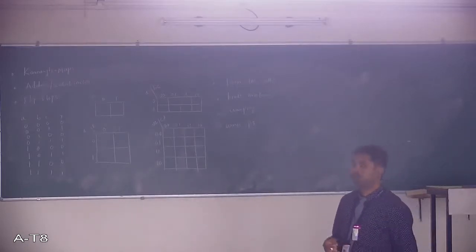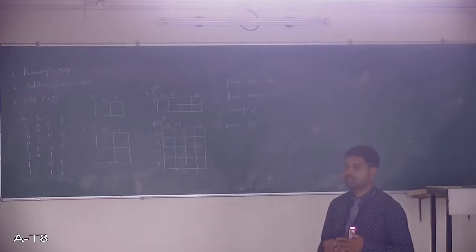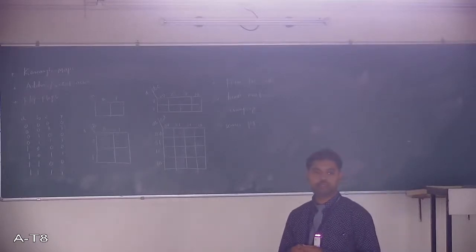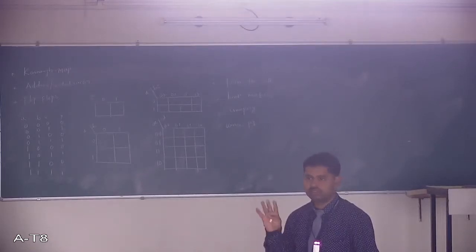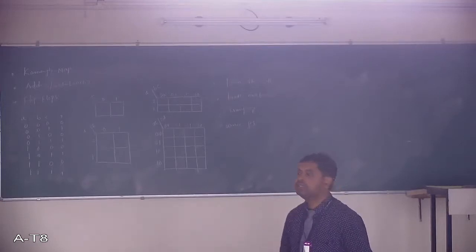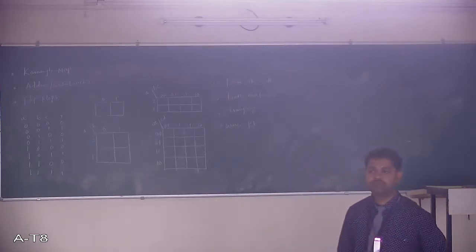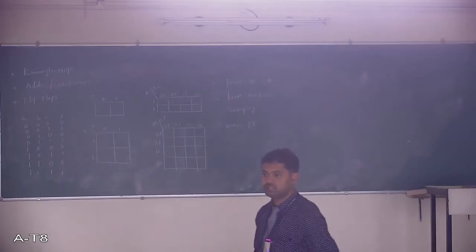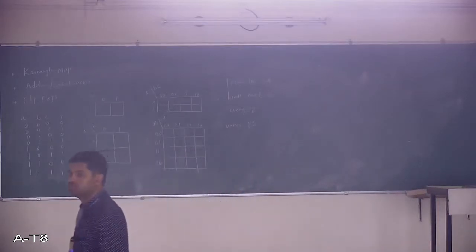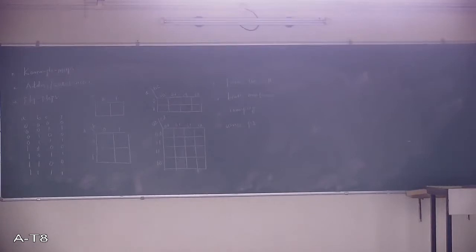Today we'll discuss some other topics of the fourth unit, that is, the Karnaugh map. Last time I gave some introduction regarding that, so I will continue the same topic with some examples, followed by adders and subtractors, again very important building blocks for digital systems, followed by flip-flops.